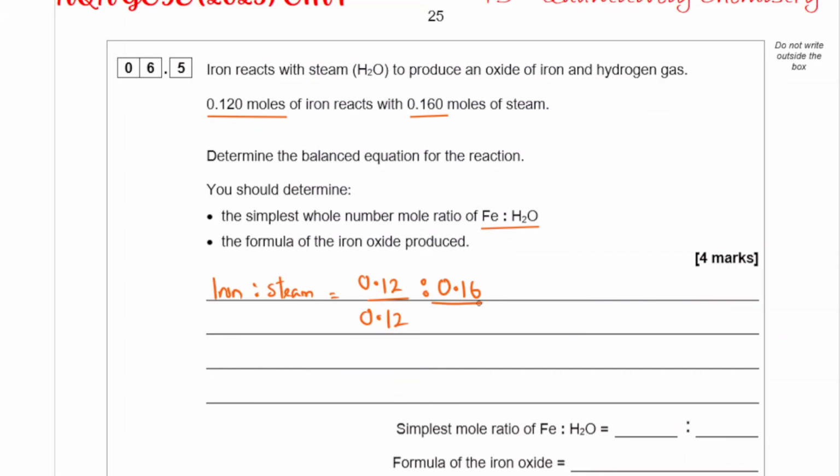Divide both by 0.12. I will get 1 is to 1.33. If I multiply both of them by 3, I will get 3 is to 4. So the ratio is 3 is to 4.